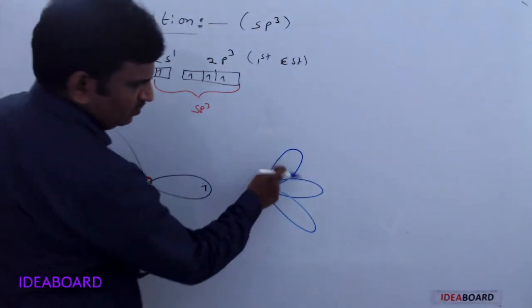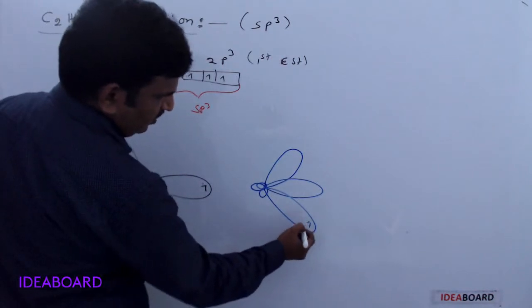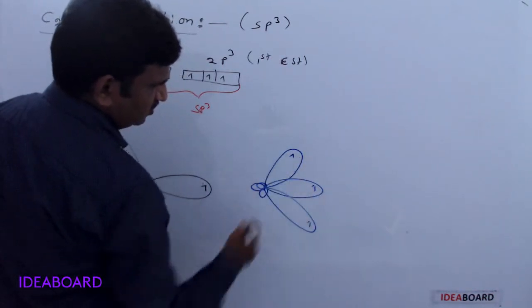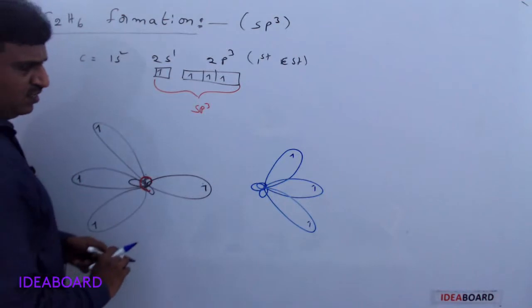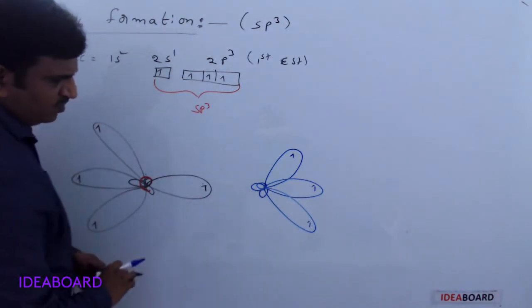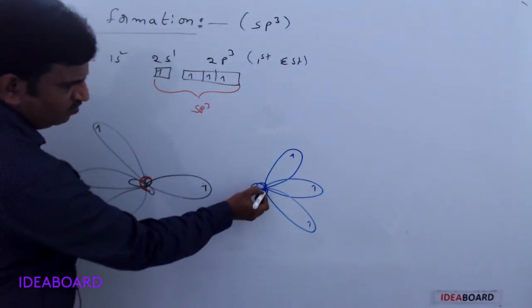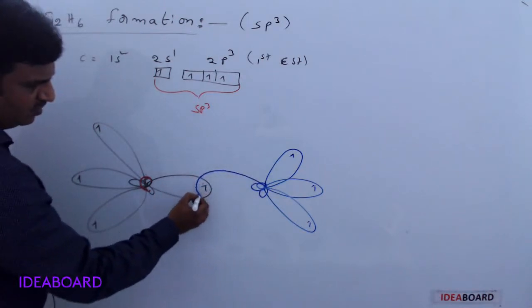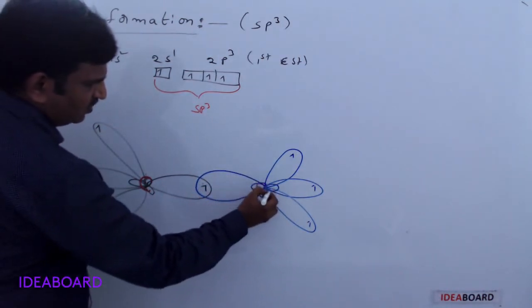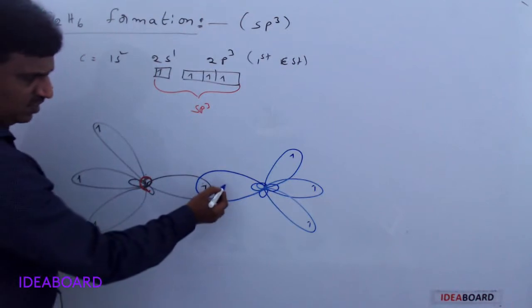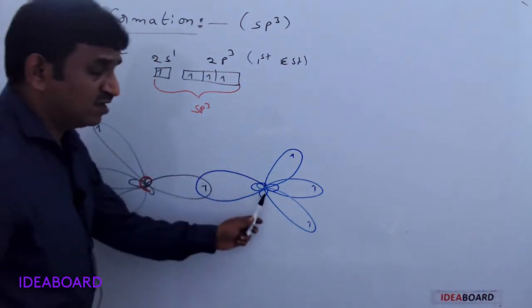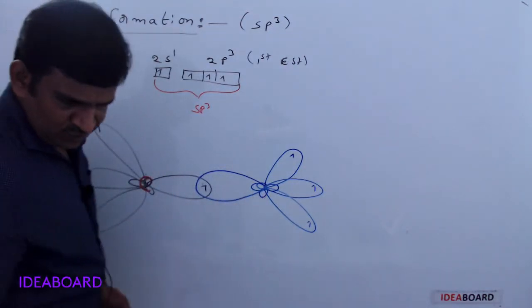And here also we have 3 hybrid orbitals. This is 1 electron, this is the second electron, this is the third electron. Please see, I am writing the fourth hybrid orbital directly by making a bond. Okay, it is making a bond. What type of bond is formed here? This is another sp3 hybrid orbital of the second carbon atom. This is also carbon.